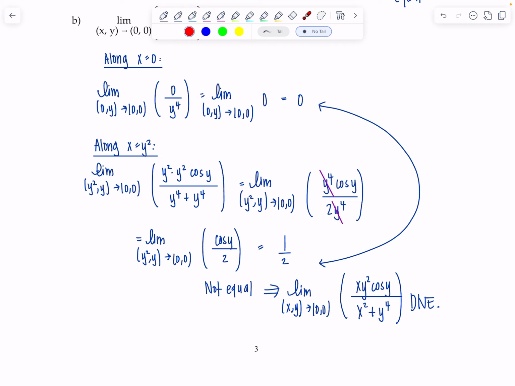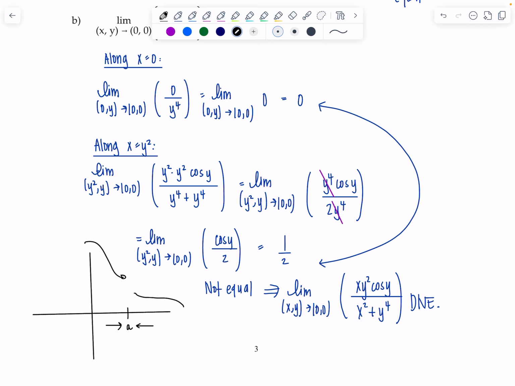Remember, when we are in 3-space, it's different than when you're in the 2D plane, when you're in Calc 1. In Calc 1, when you have a limit, the only way to approach some point is from the left or from the right. So if you check both of those sides and the limit of the function doesn't come out to be the same, then you could say the limit doesn't exist.